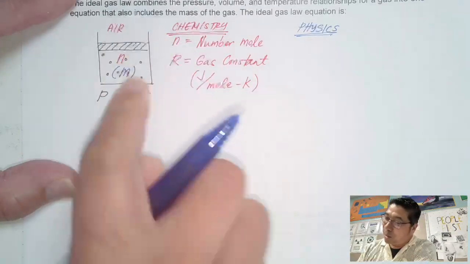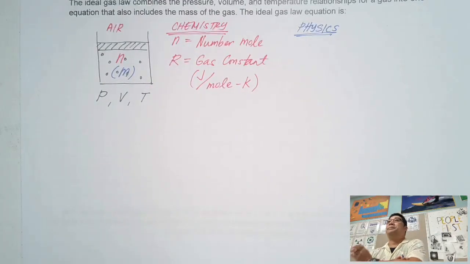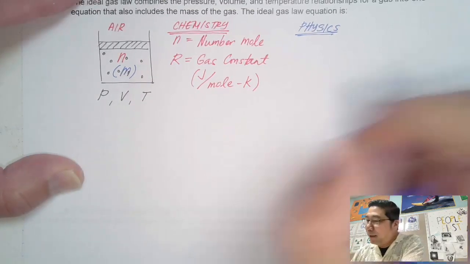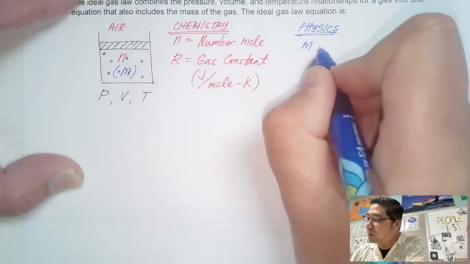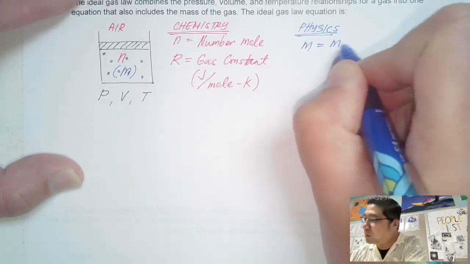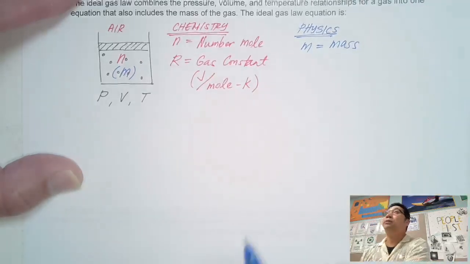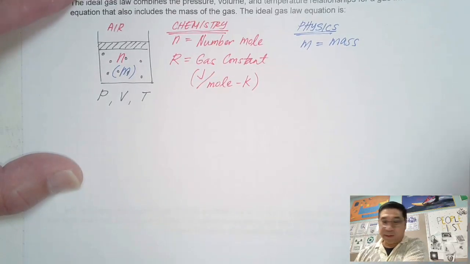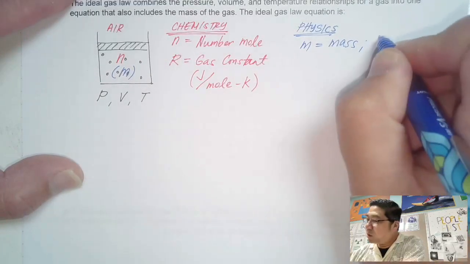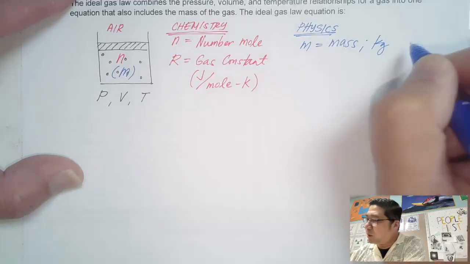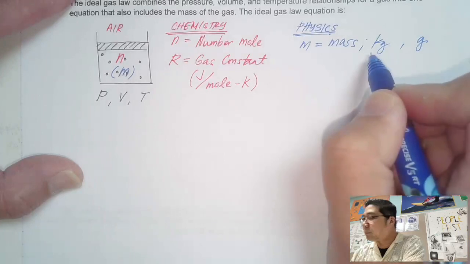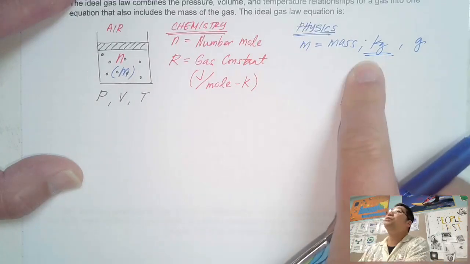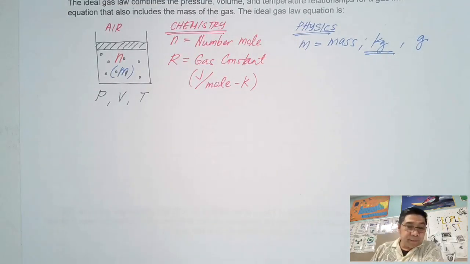So you change your N to M. In physics, we use M instead of N, which is mass, because both of them just say the amount. What is the unit of mass? It's usually kilogram. Sometimes we use grams, especially for density. But for this topic, we use kilograms.